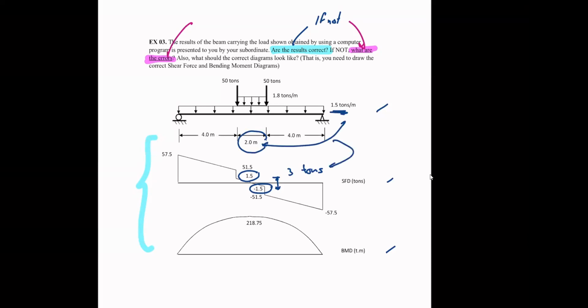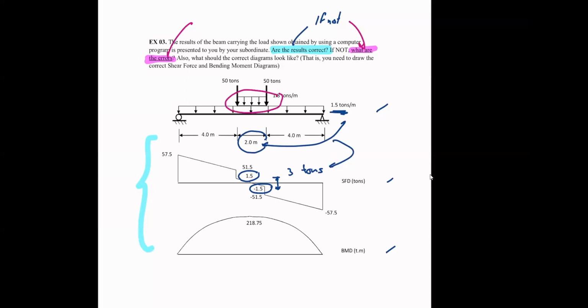So meaning the shear force diagram here is not correct. And the error is that somebody who created the model to analyze this forgot this small uniform load.